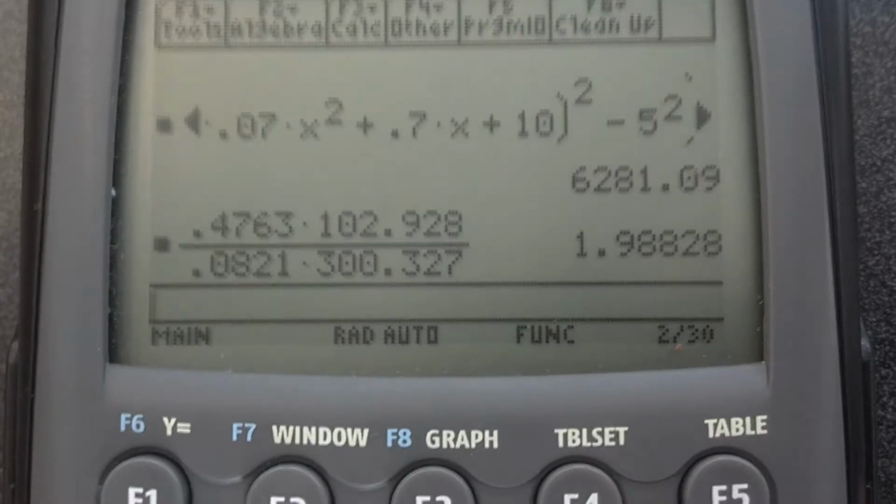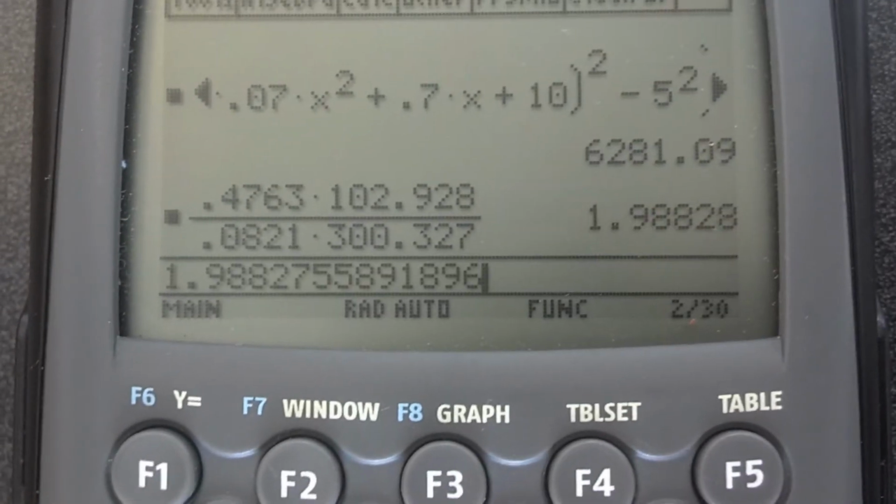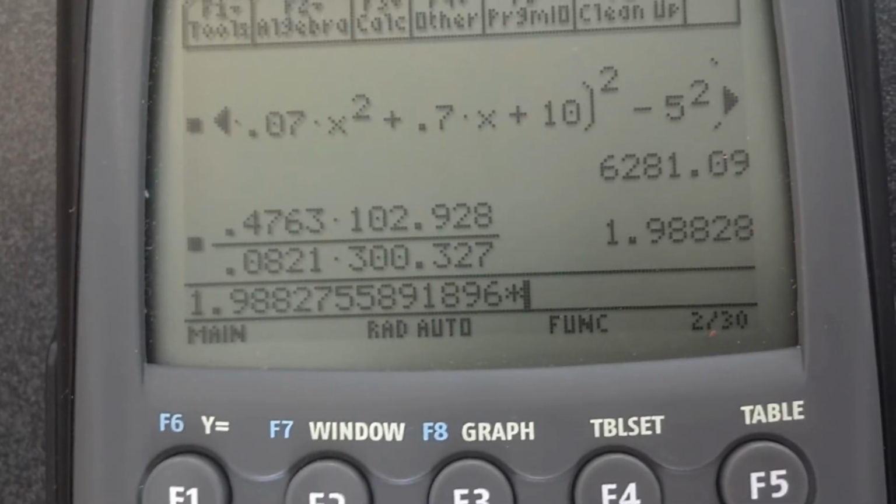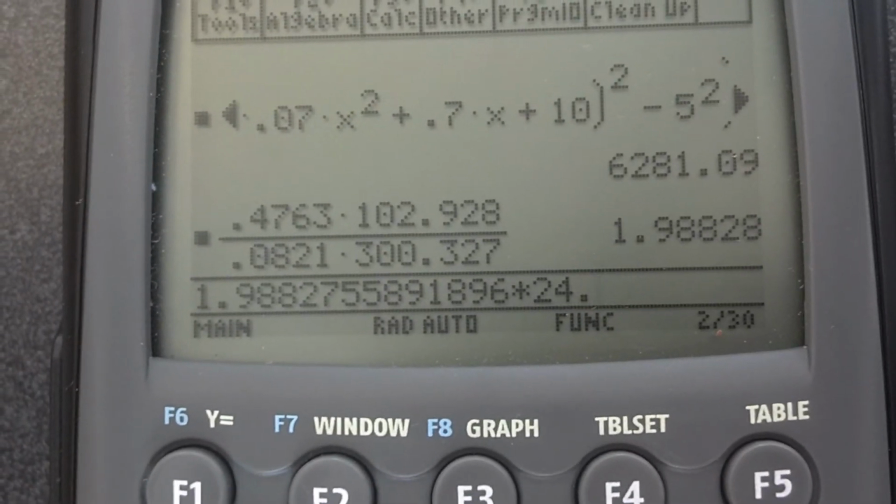So with our 1.988 moles of gas, at 24.46 liters per mole of gas, that is approximately 48 liters of air needed to fill a tire of that volume to 7 psi.